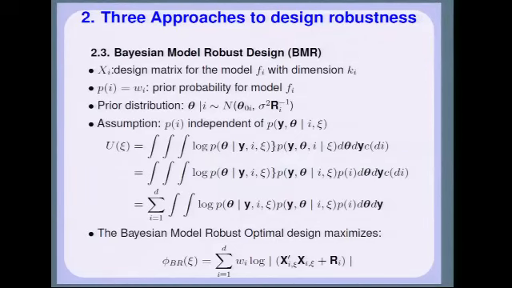That is the new criteria of model robust design that we came up with. And if we go back to a single model, it comes back exactly to the standard Bayesian design.